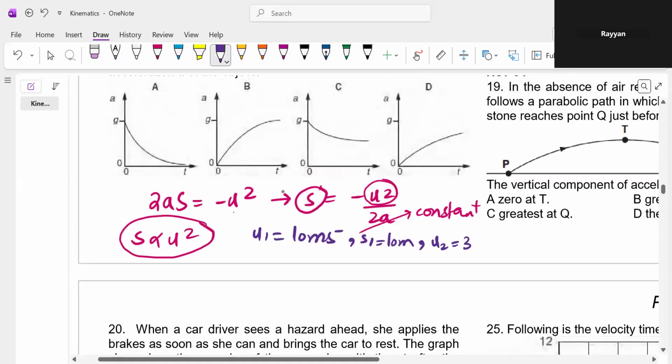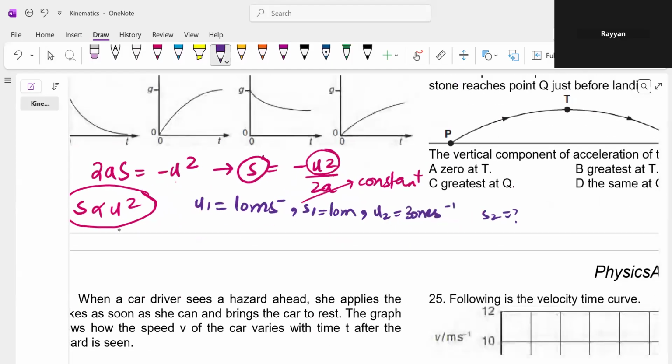U2 is 30 meters per second. Now you need to know S2. Can you find it by this equation? S is directly proportional to U square. So when you need to calculate S2, how can you remold this equation?